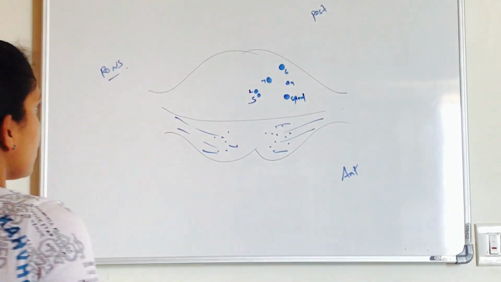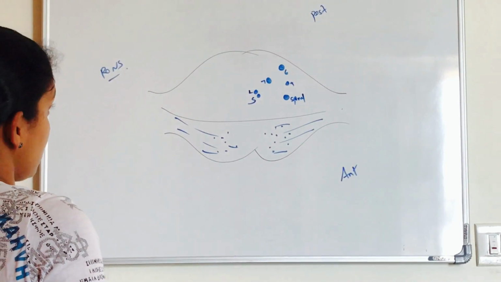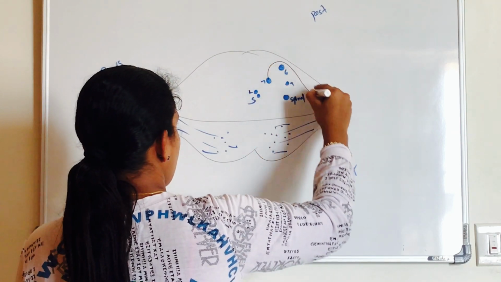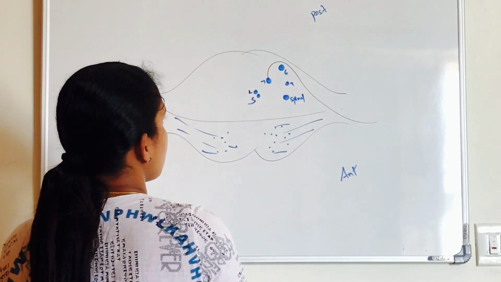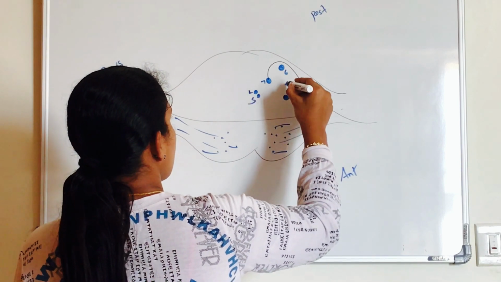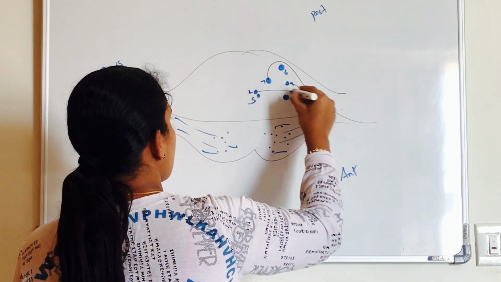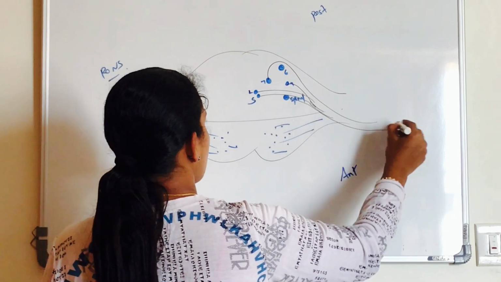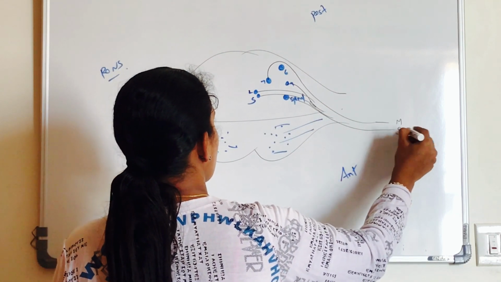Yes, that is the spinal nucleus. Now the fibers of facial nerve wind around the abducent to form a bulge in the posterior part, that is in the floor of the fourth ventricle, and that bulge is called facial colliculus.